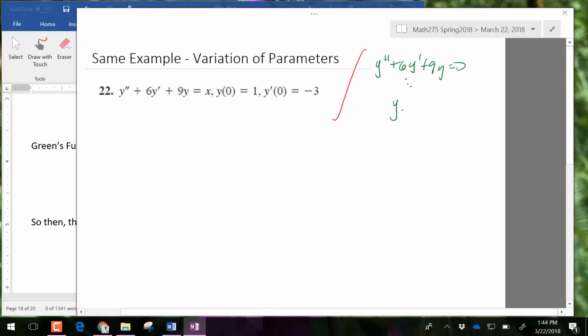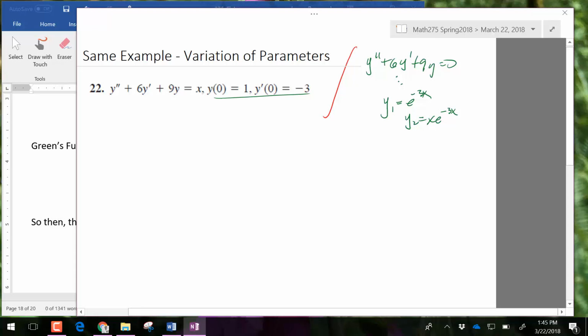And our solution was y1 is equal to e to the negative 3x, y2 is equal to x e to the negative 3x. And then we would solve for this using the initial conditions, right?